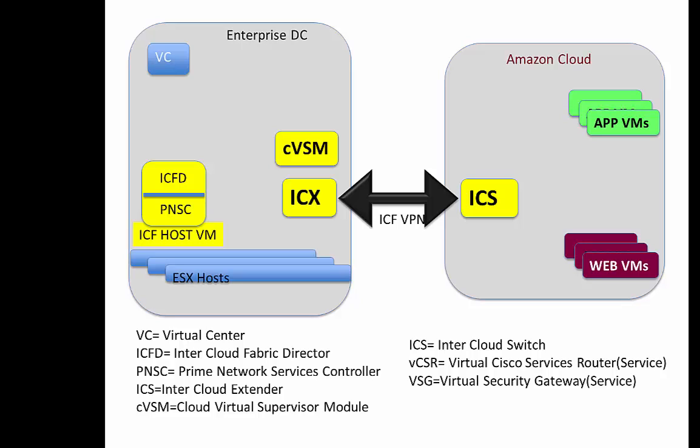Now, deploying these VMs is the same as deploying from your vCenter. If you deploy a VM in the vCenter, you probably need to cater for a few things. Number one, which cluster it goes to, which network it goes to, which storage it goes to, right? If you're deploying the VM in the cloud, you probably don't have any control over the host, right? It goes anywhere Amazon and Azure choose to.